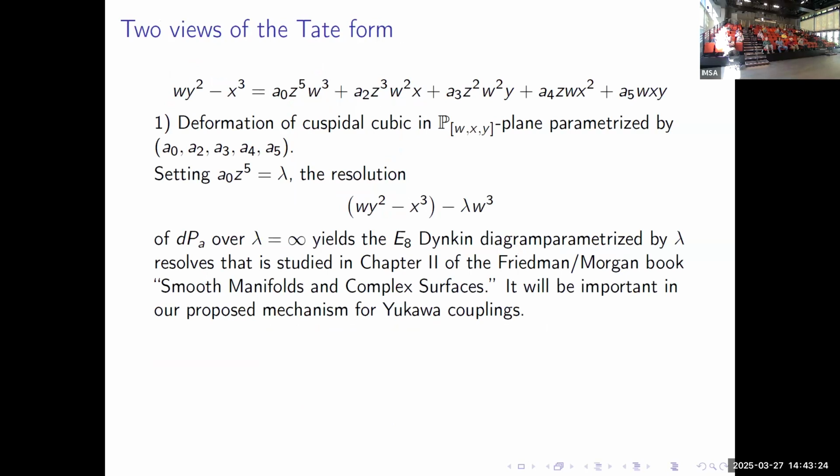If you just make all the other coordinates 0 and set A0 not equal to 0, you get a one parameter family of deformations of the cusp. When you resolve it over lambda equals infinity, you have the E8 Dynkin diagram. The little exceptional curves give you the E8.